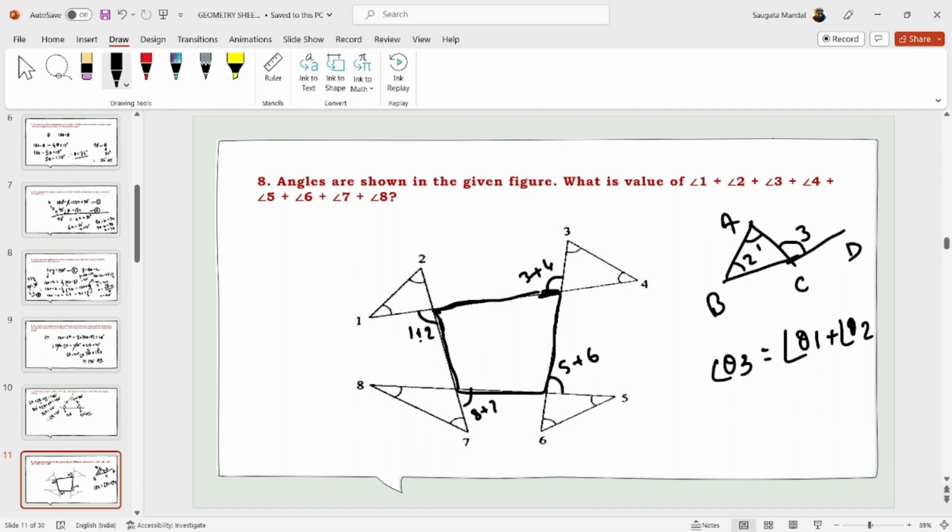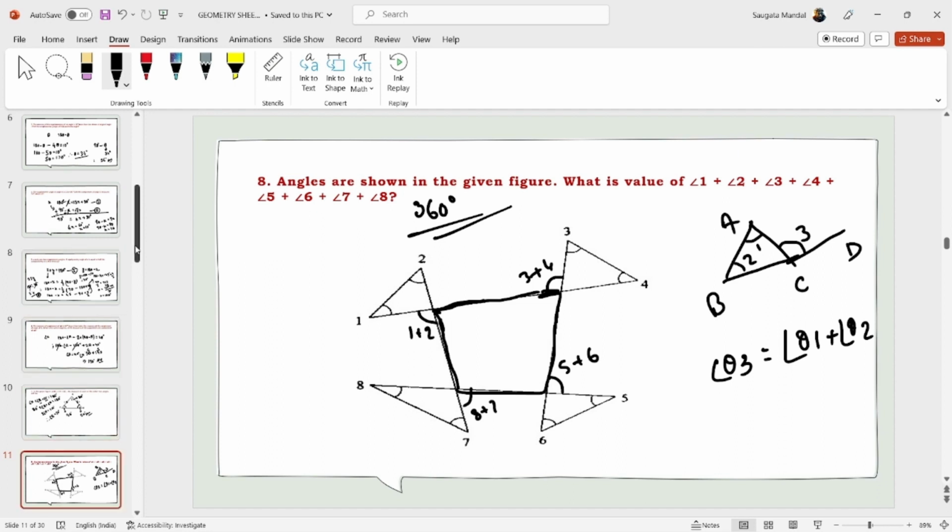That is theta 1, theta 2, theta 3, theta 4, 5, 6, 7, 8. These are the total external angles. And by default, what is the sum of the external angles? That is 360 degree. That means the answer of this question is 360 degree. This is the answer of this question.